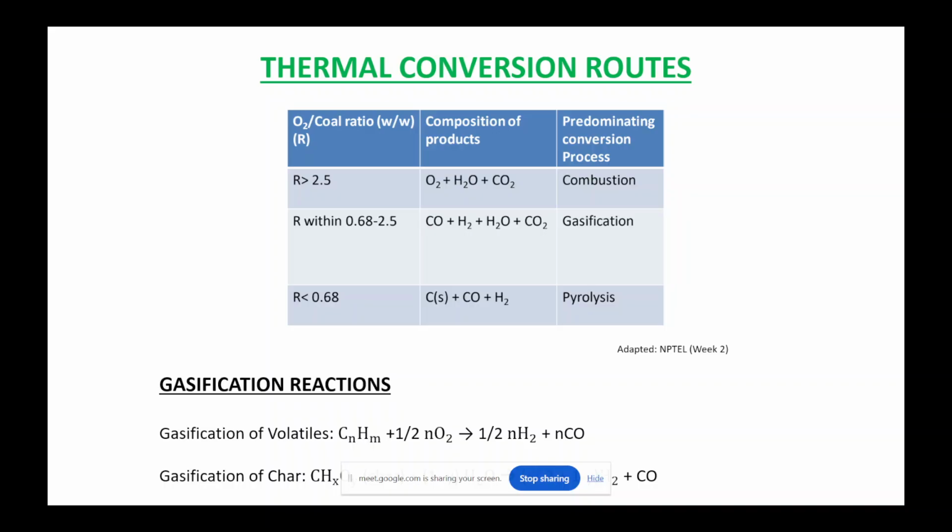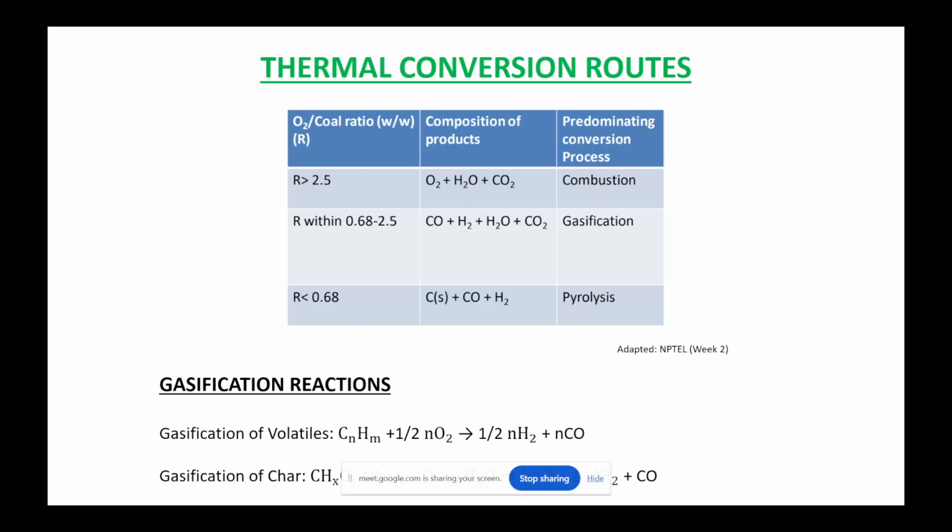So today, since our focus is only on gasification, you can define gasification as a process by which carbonaceous feedstock is converted to combustible gases, either with a supply of oxygen or with the help of steam.